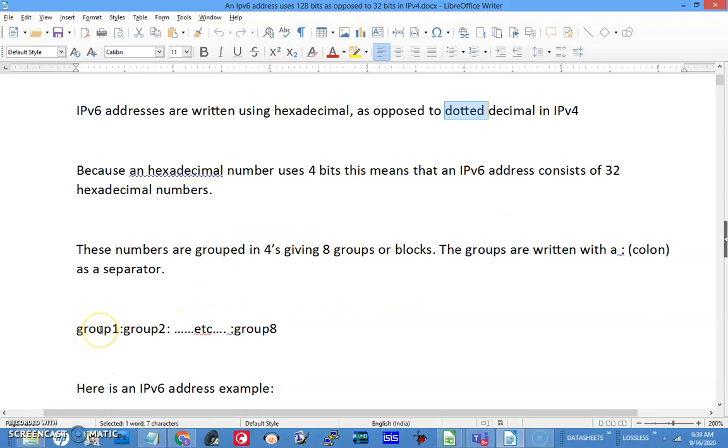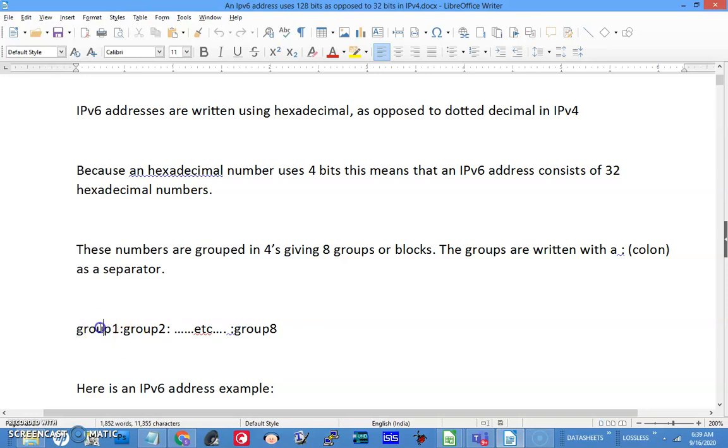We have 8 such groups. So 8 into 4, that is 32 hex digits. And we know that one hex digit corresponds to 4 bits. So 32 into 4, 128 bits. That is how we are getting it.